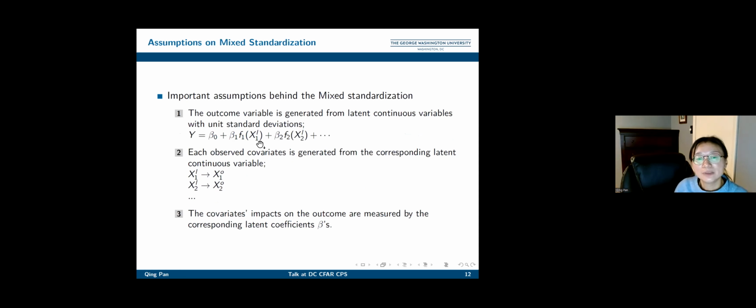So let's set up. We have X1, X2, X3. For example, Y is the risk for diabetes. It's a Cox model. You have age, baseline BMI, gender, race, baseline glucose level, HbA1c.